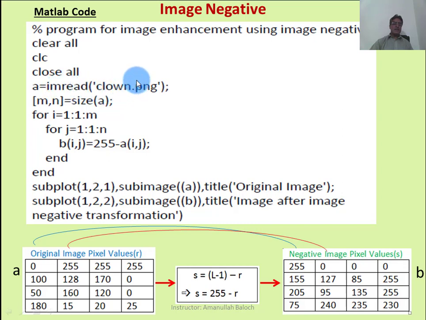This function will read this image and convert each pixel into its gray level integer value and store it in a two-dimensional matrix A, because each gray image is a two-dimensional image and it will be converted into a two-dimensional matrix A. So when MATLAB reads this gray image clone.png using the imread function, it will convert the pixels into gray values and store them in A.